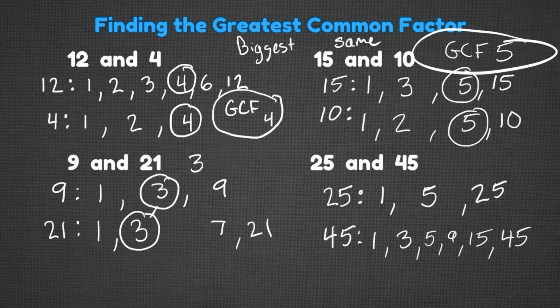So the largest, biggest, greatest, common, same factor for 25 and 45 is also 5.